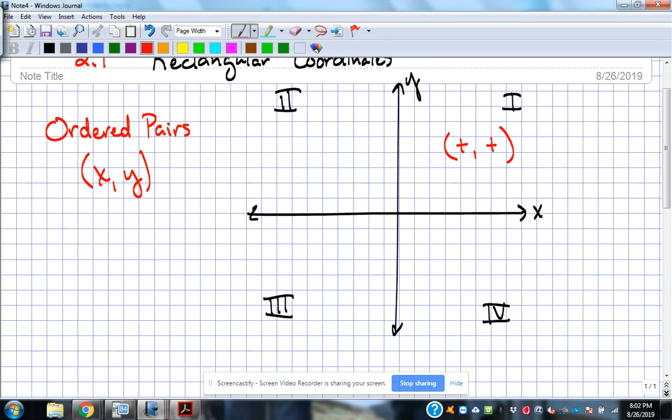In quadrant 2, the X's are negative, but the Y's are still positive. Quadrant 3, everybody's negative: negative X, negative Y. And then in quadrant 4, you have positive X's and negative Y's.